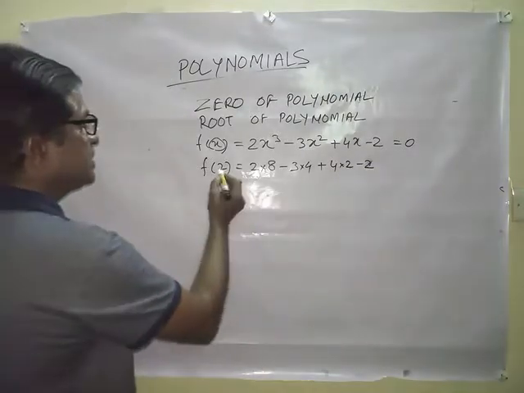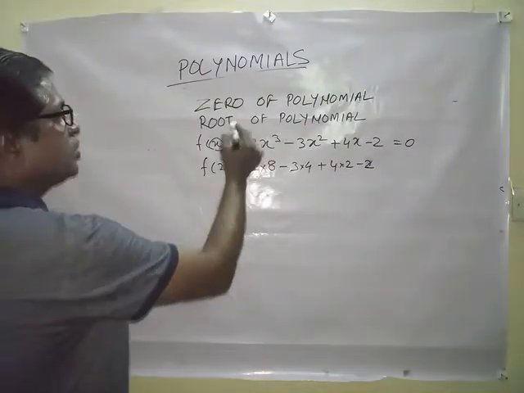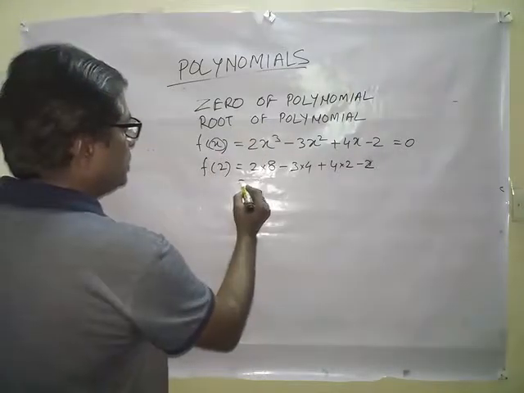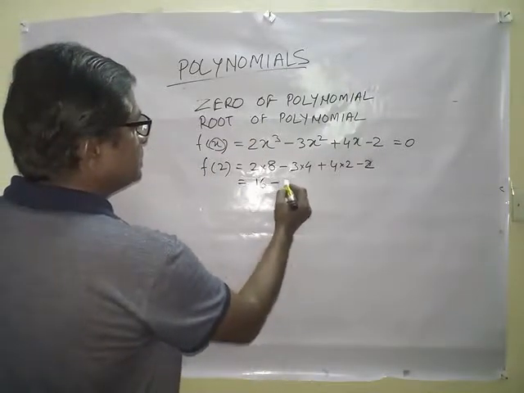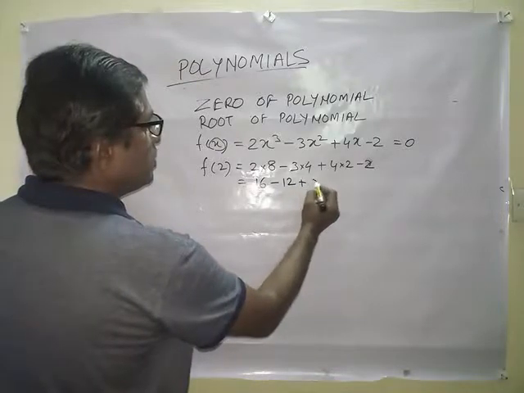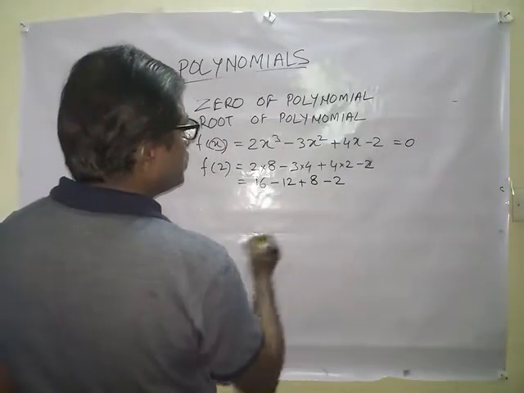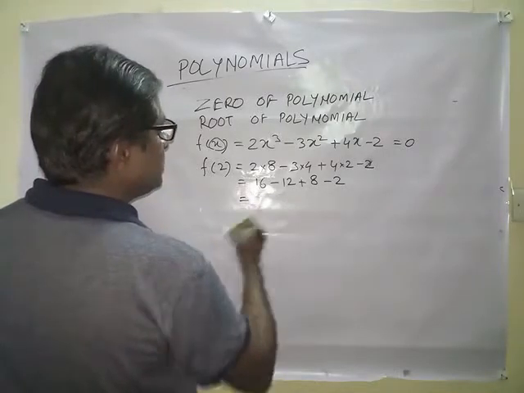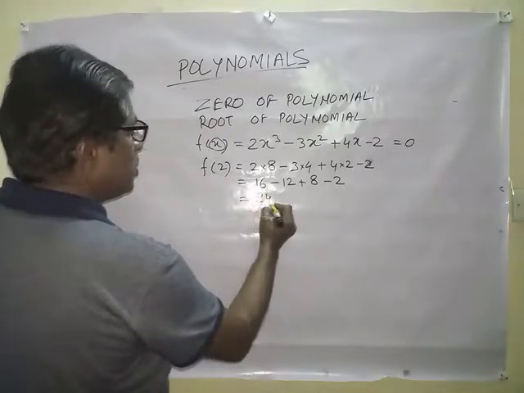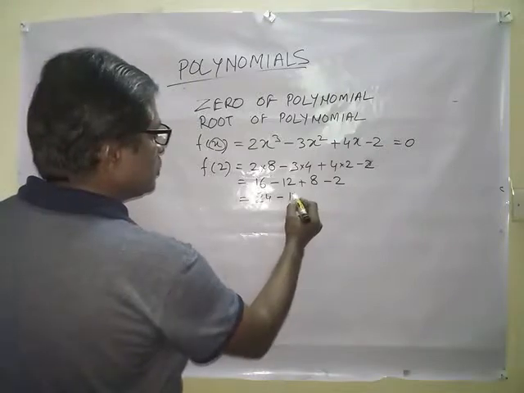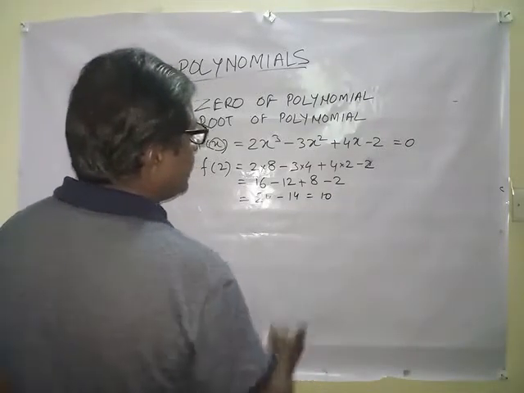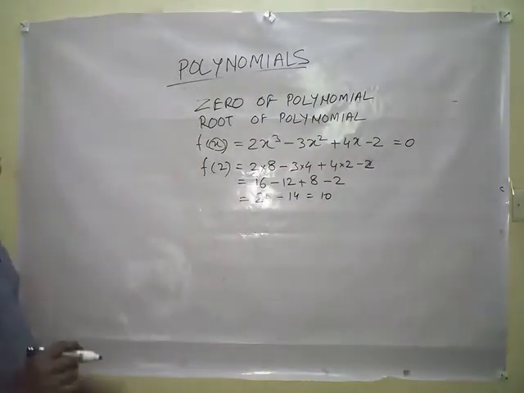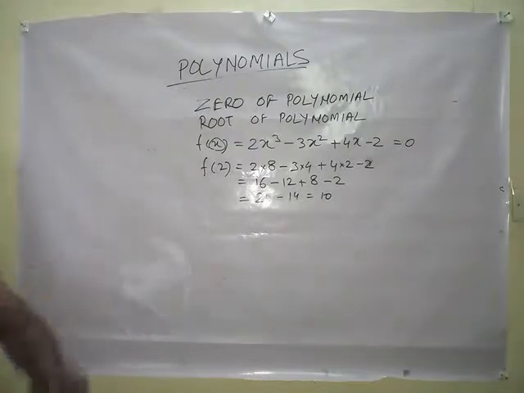Let us see whether 2 is a zero or root of the polynomial or not. It is 16 minus 12 plus 8 minus 2. Here it will become 16 plus 8 is 24, minus 14 is equal to 10. So 2 is not a zero or root of the polynomial.